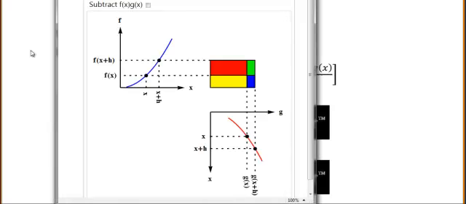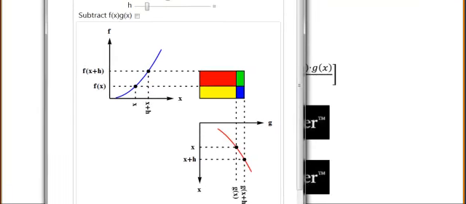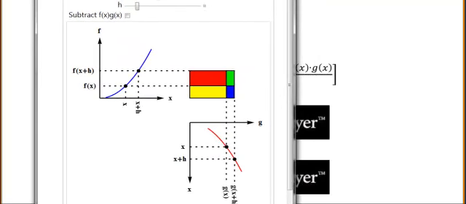Here's what we have. Suppose that we have the graphs of f and g on separate axes. Notice the axes have been rotated. Here's the x-axis and the f of x-axis, in the standard position, but here I've rotated them 90 degrees clockwise, so this is g, and then this is x.